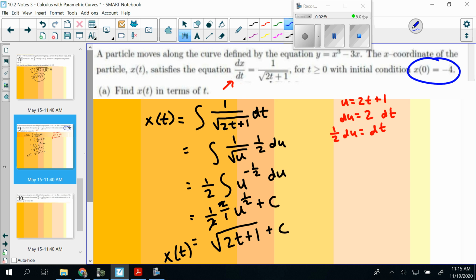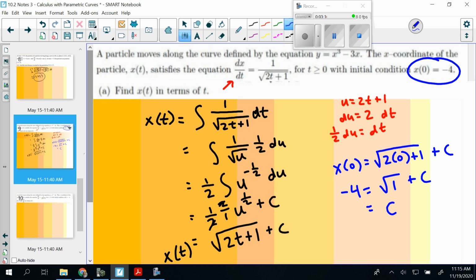If x of 0 equals -4, that means if we plug 0 in for t, we should be able to solve for c, because x of 0 is -4. So as we solve here now, that is just square root of 1, which is 1. If we subtract that to the other side, that means our constant here is -5.